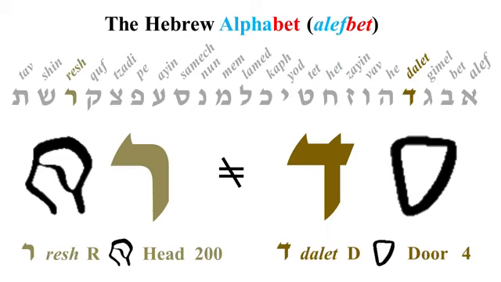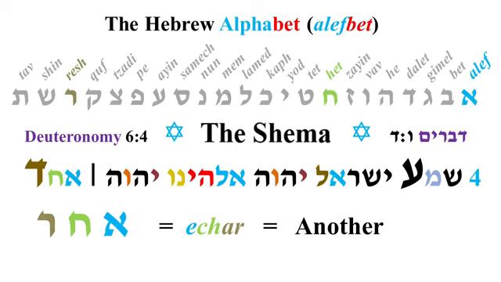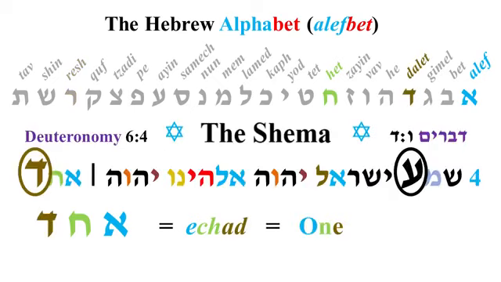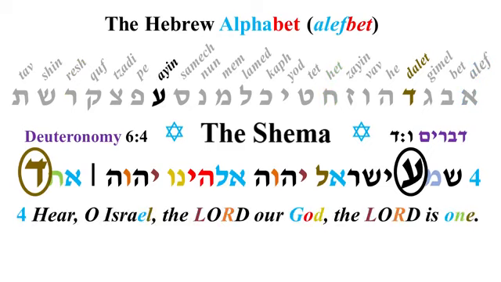If you put a resh, you get the word acher, which is another, which you'd be saying, if you made both mistakes, "Perhaps, O Israel, the Lord our God, the Lord is another." So to avoid that, he put an enlarged dalet there. Okay? So now we know, "Hear, O Israel, the Lord our God, the Lord is one."